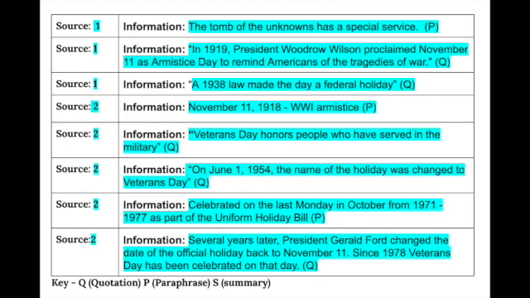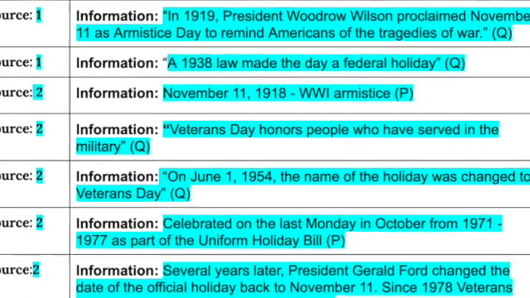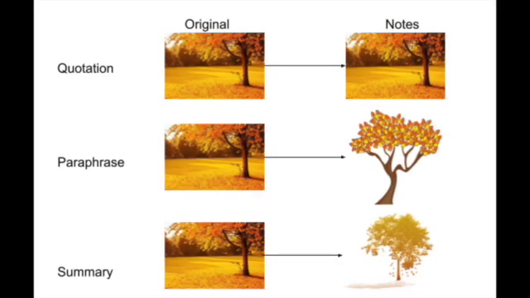When you look at my notes from this section, you'll see the source number, and then you'll see the citations up above. So you can say, okay, source 1 is that World Book source, so I just have to write source 1, and then I take my note. And then I tell you if it's a quotation, a paraphrase, or a summary.